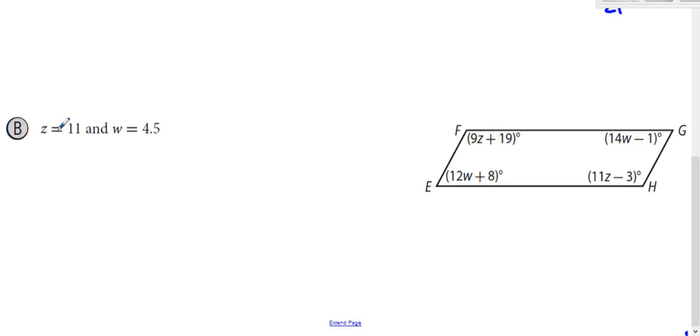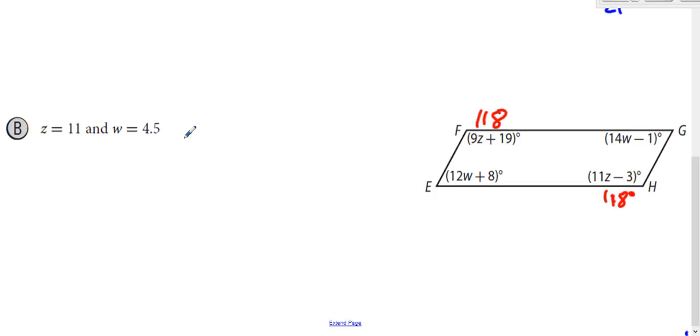So now we can plug in 11 for z. So that's 99 plus 19 is 118. And we can plug in 11 for z in the bottom right. 11 times 11 is 121, minus 3 is 118. So we have one pair of opposite angles.